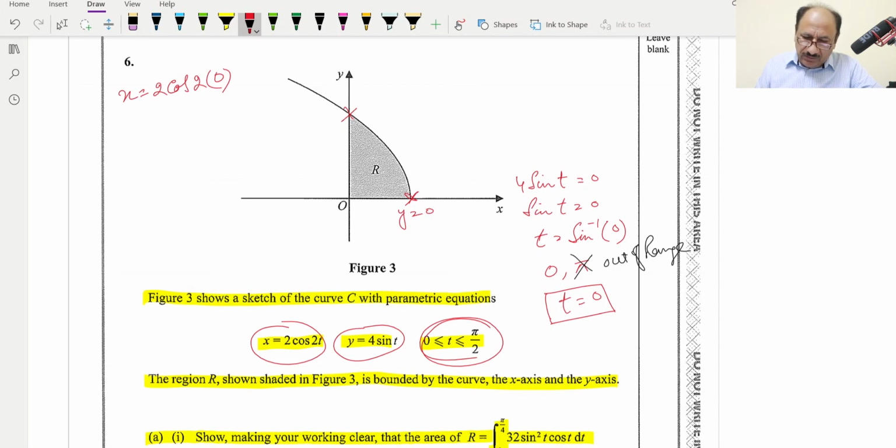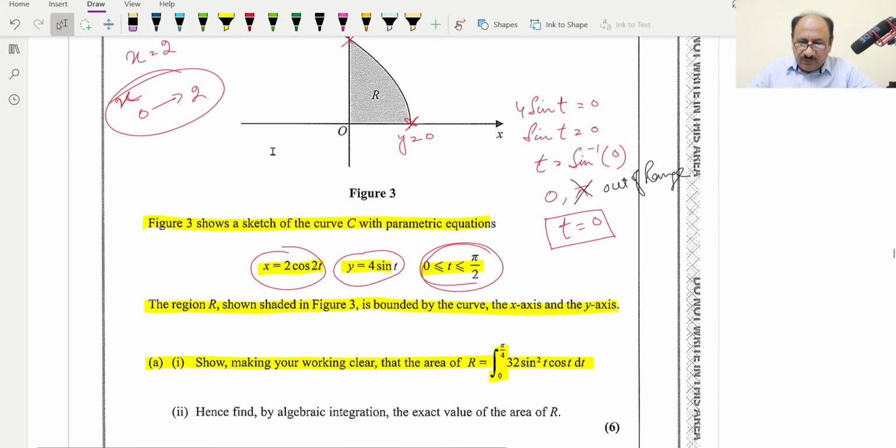If we take t value 0, our x value will be 2, since cos 0 is 1. This is basically when t tends to 0. This is the limit which we are calculating. So x is varying from 0 to 2. This is the variation of x, which we can understand from here.